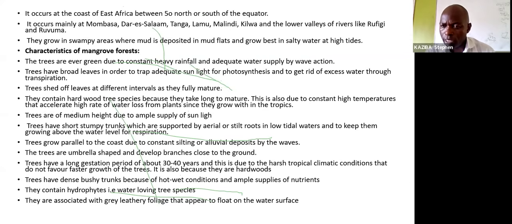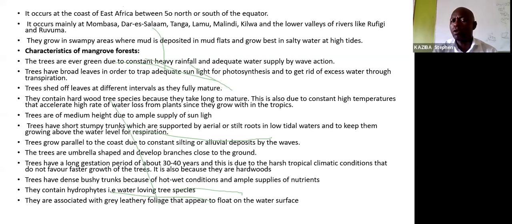So you have to locate it using longitudes and latitudes. When you're done locating it, you tell us the areas where it is found. It is common at Mombasa, Dar es Salaam, Tanga, and the lower river valleys of Rufiji and Ruvuma.